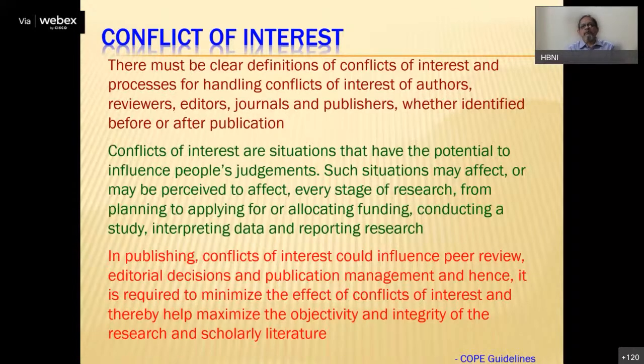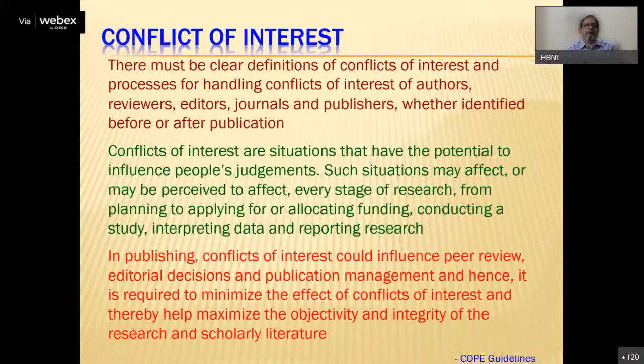So what is this conflict of interest? I had dealt with this topic in a brief manner during some of my earlier lectures, but now I would like to deal with it in detail.